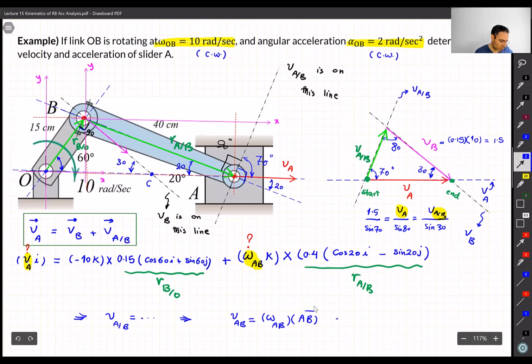And this should give me omega AB. And the value that I'm getting from this has to be equal to the previous value, or very, very close. Sometimes because we round numbers, we may get different values. Okay, so two methods. And I'm sure it's super easy for you. I hope I didn't bore you.